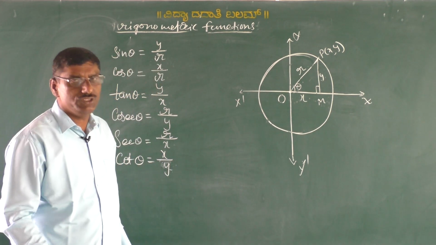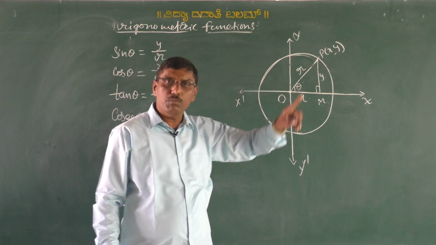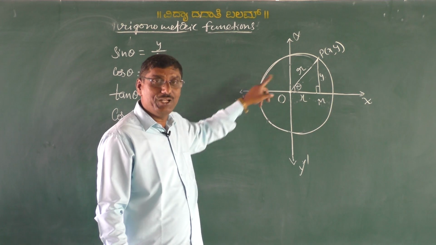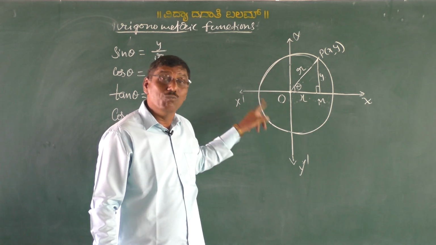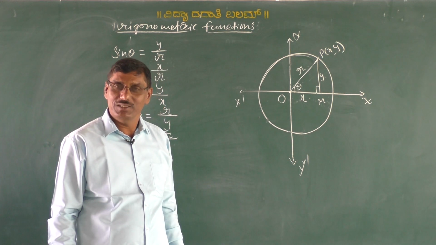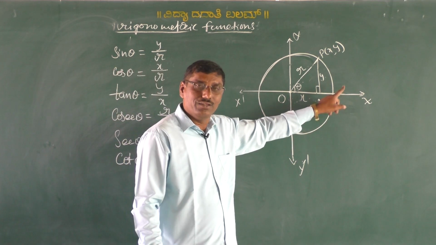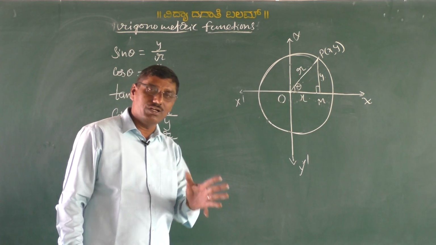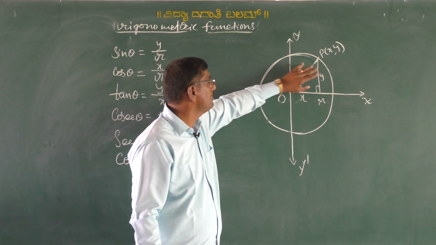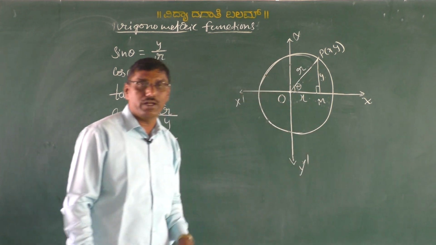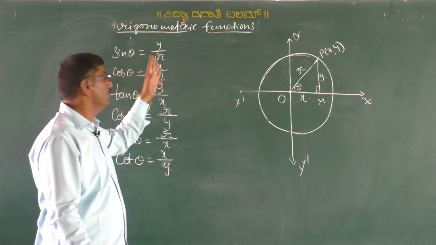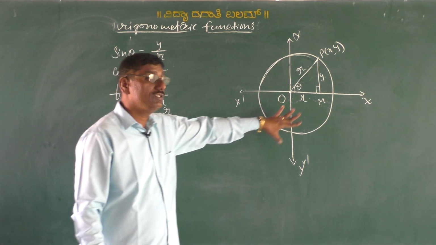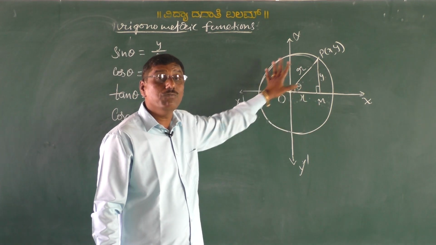We know in the coordinate system, in the first quadrant both are positive, isn't it? In the second quadrant x negative, y positive. In the third quadrant both are negative. In the fourth quadrant x positive, y negative. On the basis of that, if the point lies in the first, second, third or fourth quadrant, only the signs change, but the ratios must be the same in all 4 quadrants.